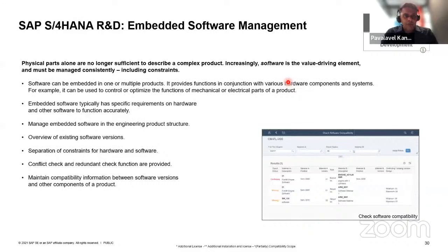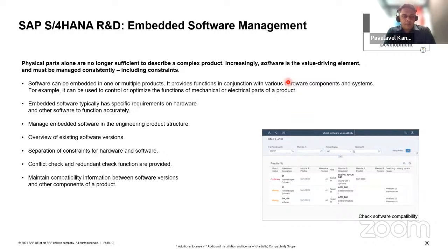Okay, so embedded software management is available as a part of R&D. It is not only that we can track the products, our materials and chemicals. Complex software can also be maintained as a part of the embedded software management available in R&D. You can maintain the versions, and do constraints and hardware checks.